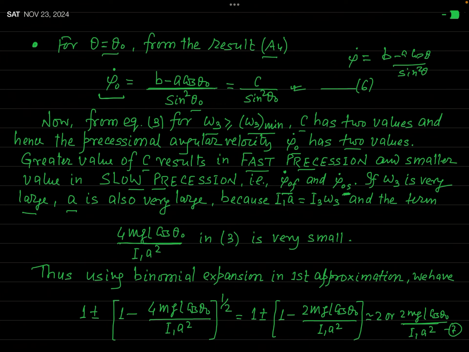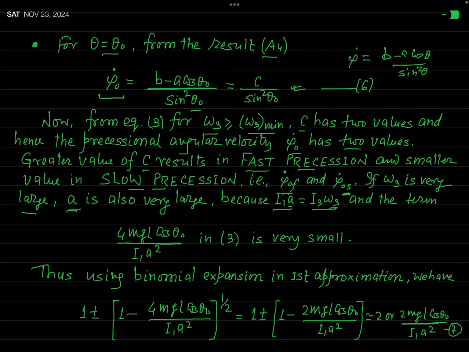So you can say that if omega 3 is very large, then A is also very large, because you know I1 A is equal to I3 omega 3. So definitely when omega 3 is large, A will also be large.